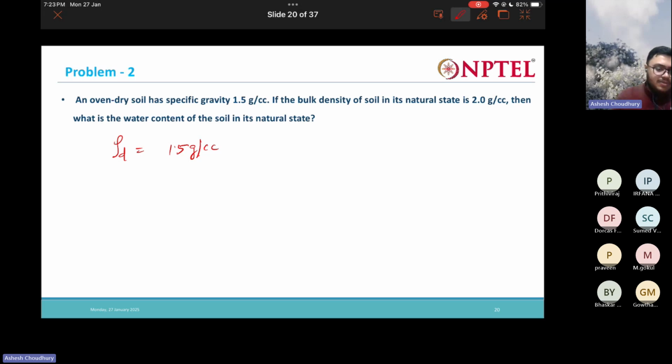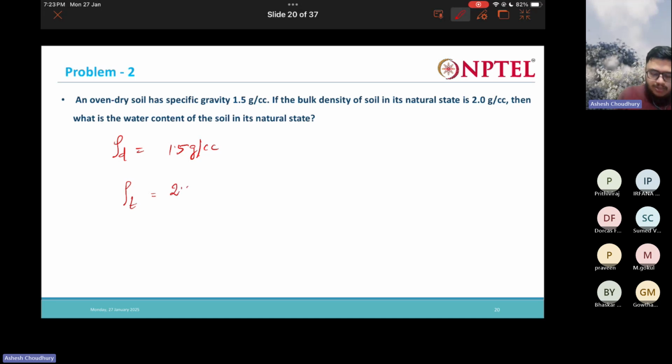Bulk density is given. That means gamma t, the unit weight. When you define in terms of density, that time you write sigma.